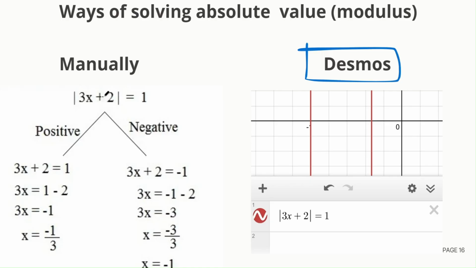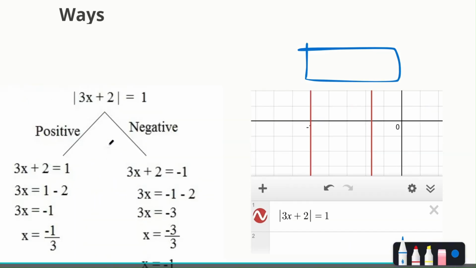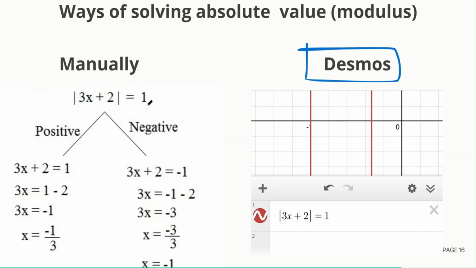As you can see here, when you are given this equation, which is in the form of f of x equals to a, this is our a, and this is our f of x, let's say. Now, what we're going to do is solve it twice in order to find our solution, because also in decimals you'll see 2 solutions.